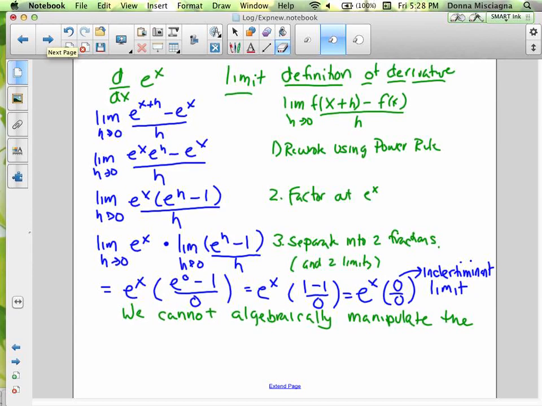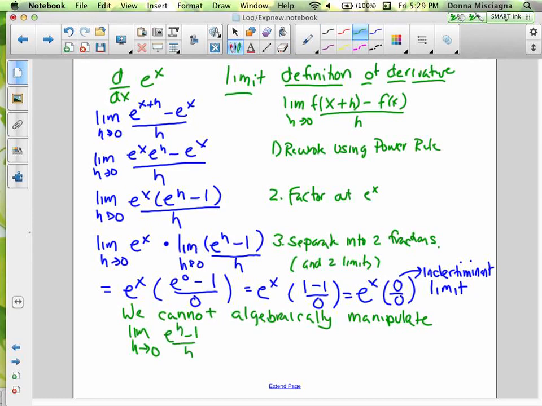I just need the limit as h goes to 0 of e to the h minus 1 over h. And I'm going to put in the word yet, dot, dot, dot.